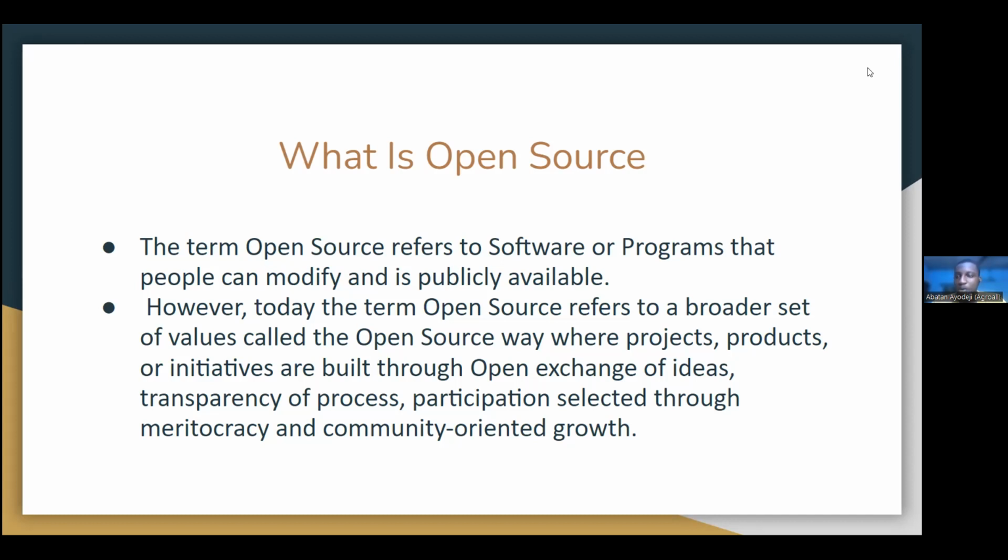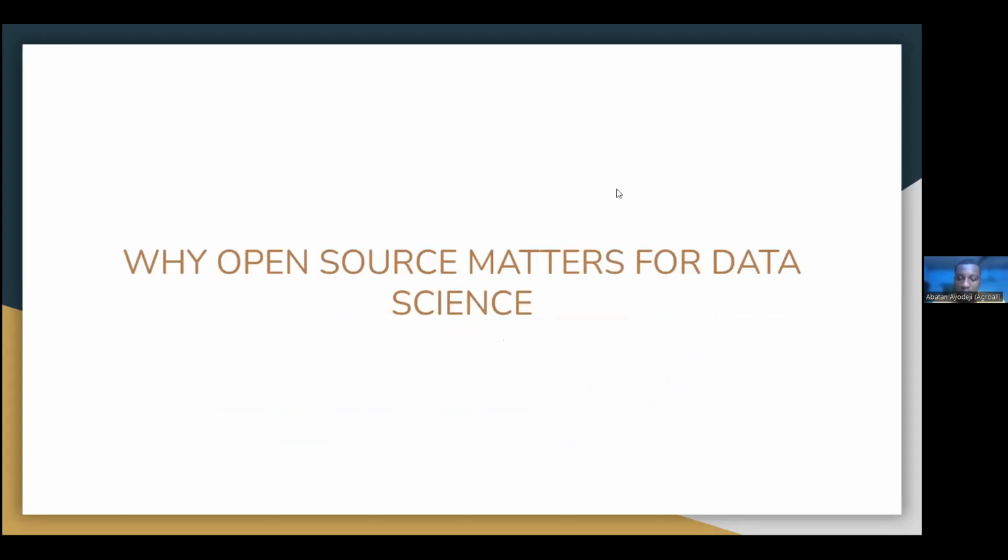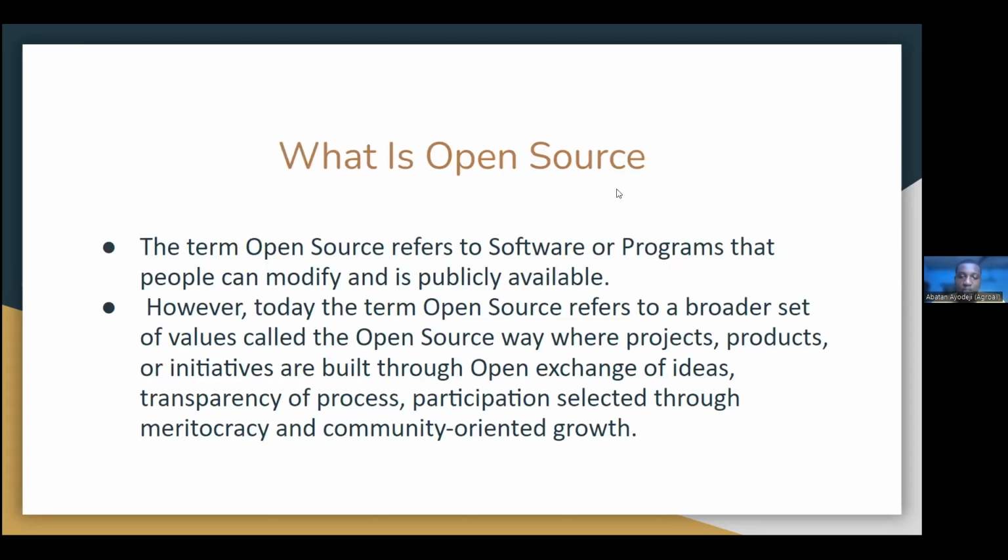And you usually have a group of community leaders who select things that need to be added to the project through a meritocracy method. Basically, anyone that is good enough and can make a positive impact on this project is allowed to do so.